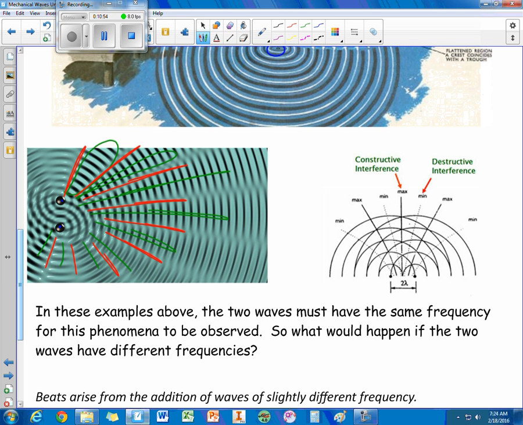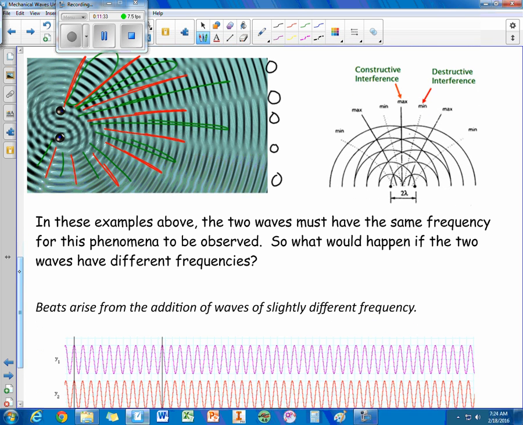Sound, light, doesn't matter. It's true for all waves. So if this were, let's say, two speakers, if you were to put your ear right here, you would hear nothing. If you were to put your ear here, you would hear a louder sound. Loud, nothing, loud. If these were two laser beams, so two sources of light, we would have bright and dark patches. Again, sound plus sound equaling silence, and light plus light equaling darkness.